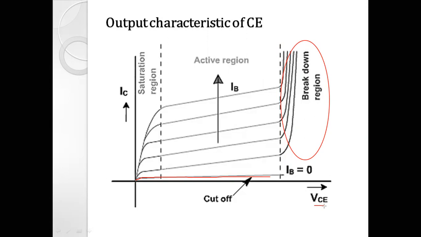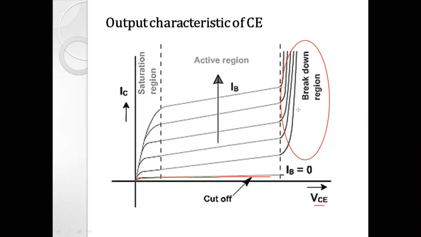If we do not keep a limit on VCE, that means if we keep on increasing VCE, it may happen that the depletion region created at the collector junction reaches through the base region towards the base emitter depletion region, and because of this punch through effect, the magnitude of the current increases beyond the permissible value and it may damage the transistor.